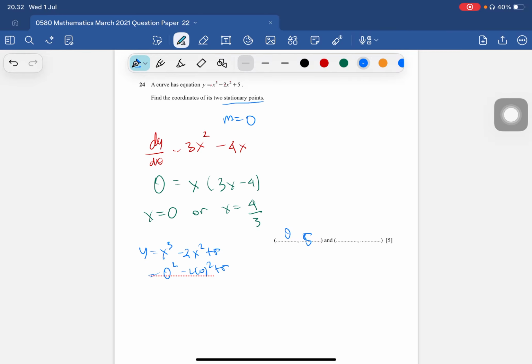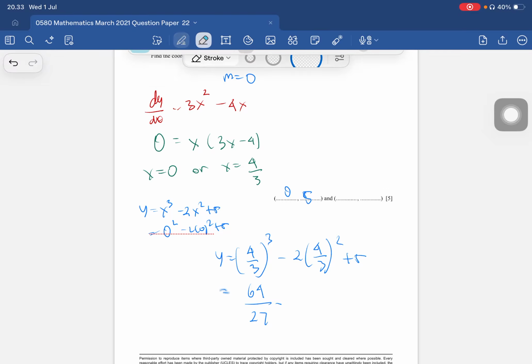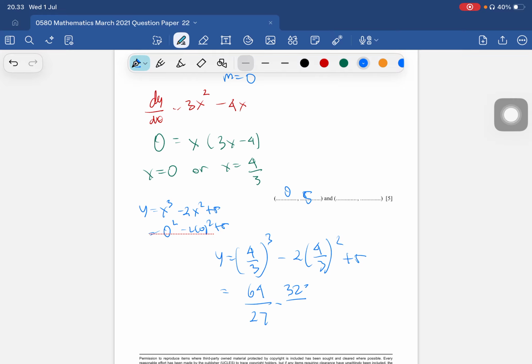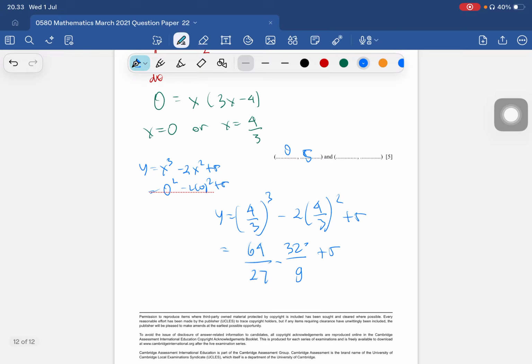The second one, when x equals 4 over 3. Let's substitute. So y equals (4 over 3) cubed minus 2 times (4 over 3) squared plus 5. Here is 64 over 27, minus 4 squared is 16, so 16 times 2 is 32. 3 squared equals 9, plus 5. We can make all of them over 27.